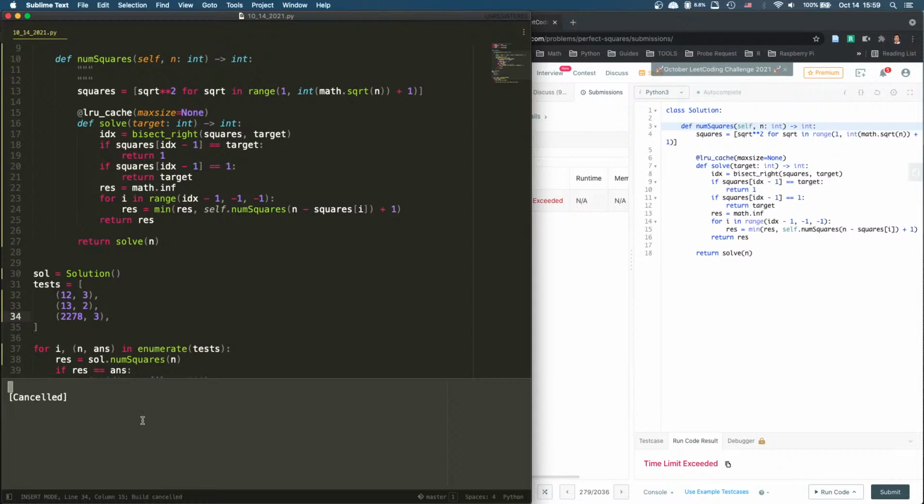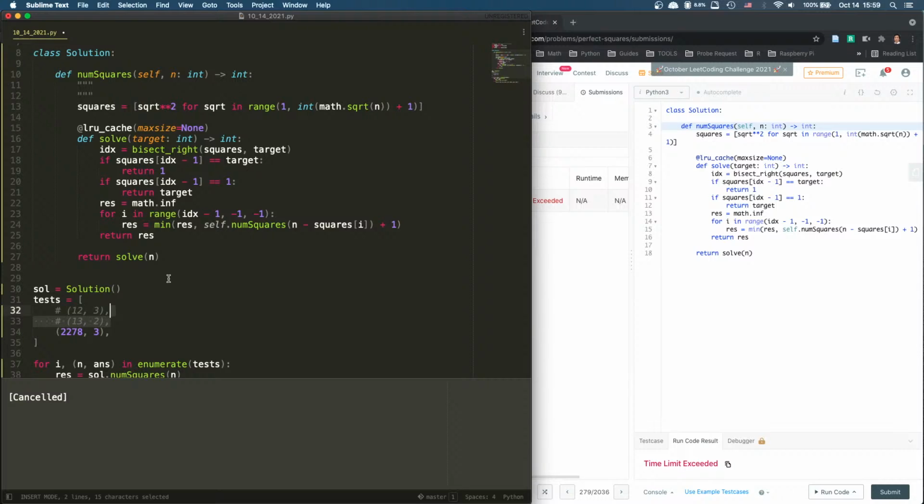Then we hit an infinite loop. Hold up. Why would we hit an infinite loop? N minus, hold on, let me think. So n minus this value. Oh, n minus target. Well, how does it still work for this?